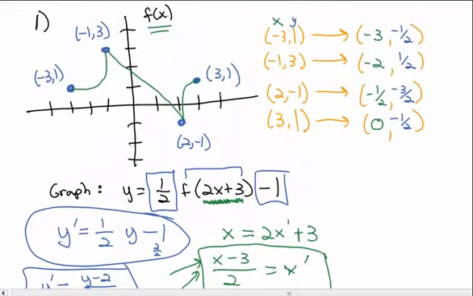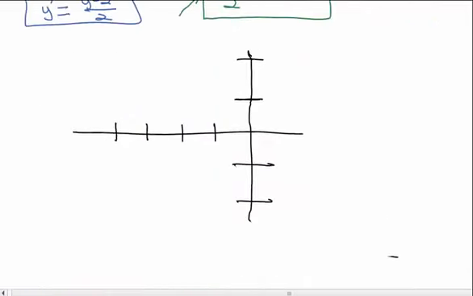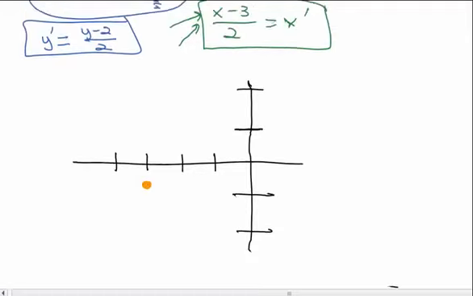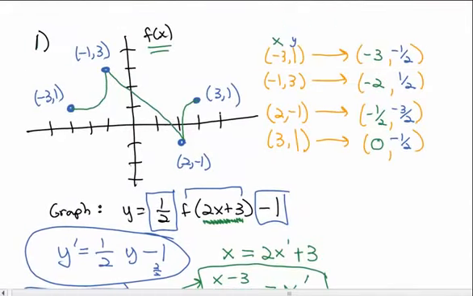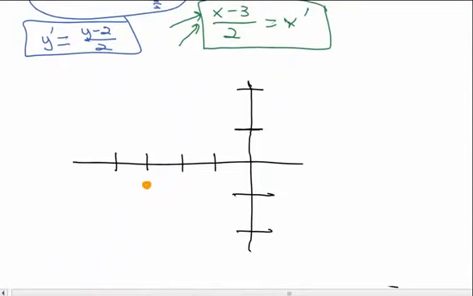Our first point was -3, -1/2. So we'll go -3, -1/2, and there's my first new point. The second new point is -2, 1/2.